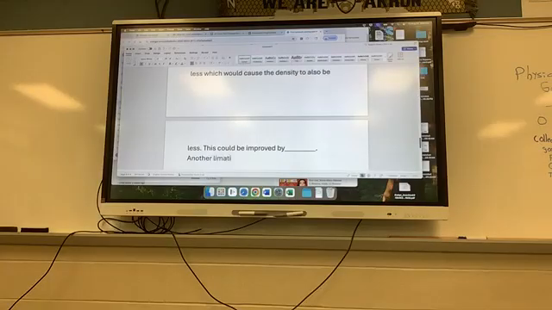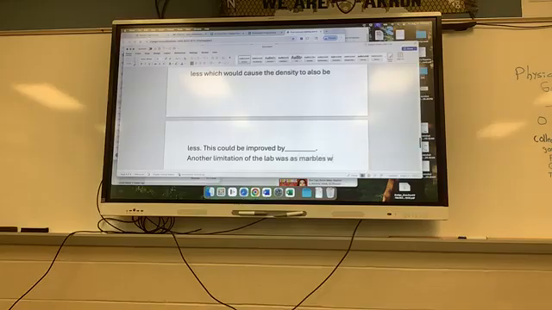Another limitation of the lab was, did anybody notice anything about the graduated cylinder as you were putting the marbles in? Like the water splashed.